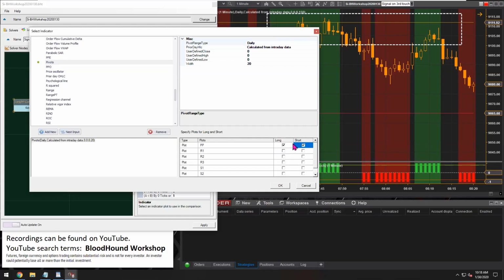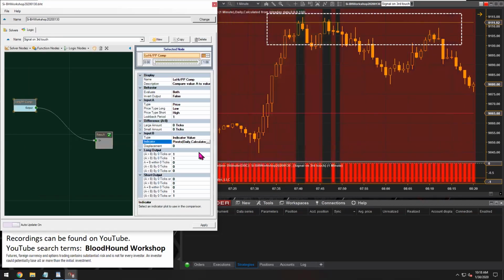All right. And a little side note here: when you're system building using Ninja's pivots indicator, you want to use calculated from intraday data. Otherwise, this indicator will not calculate pivots lines correctly. So, all right. So there we go.